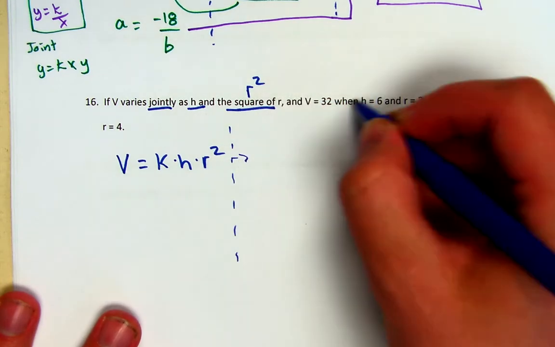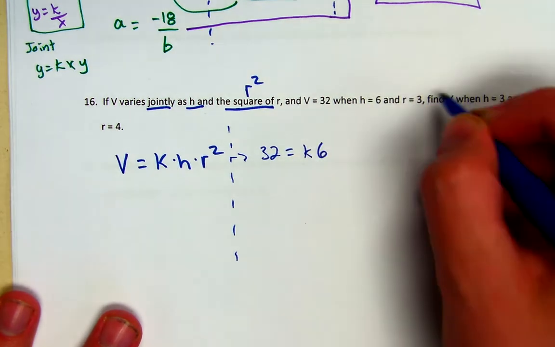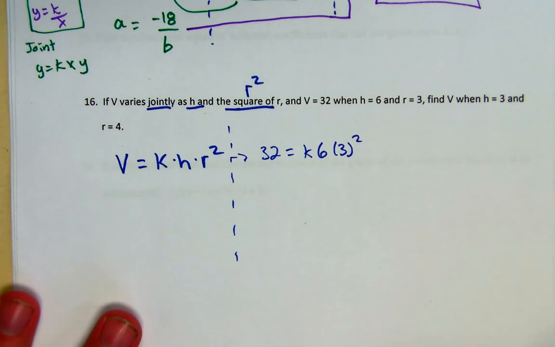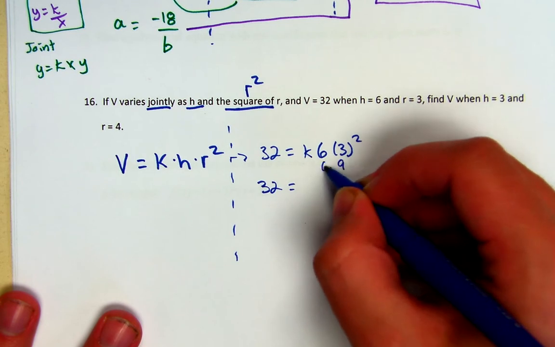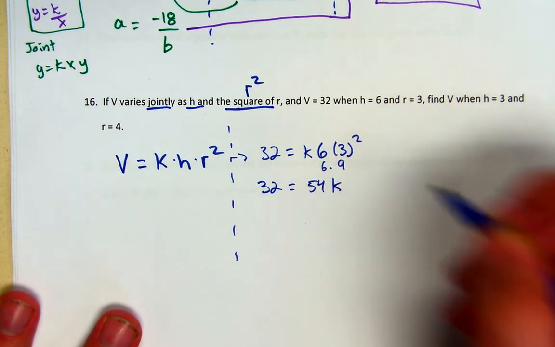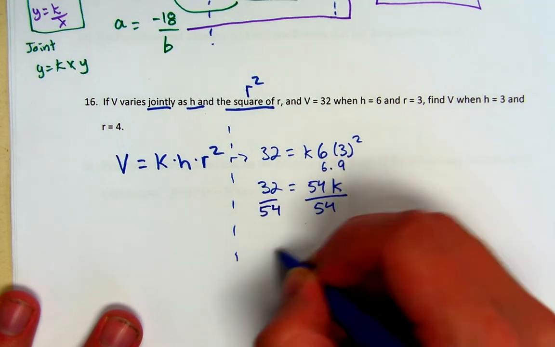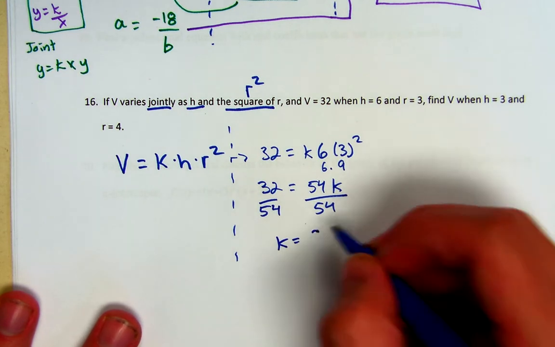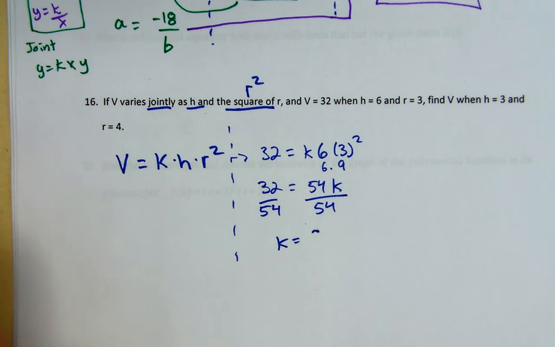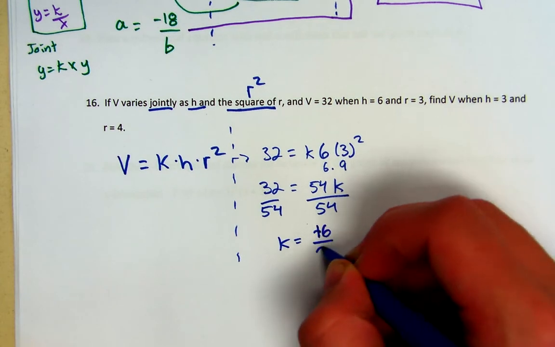Now let's put in some values. 32 equals K times 6 times 3 squared, so that's 9 times 6, that's 54K. Divide by 54, divide by 54, K equals 32 divided by 54. We get 16 over 27.